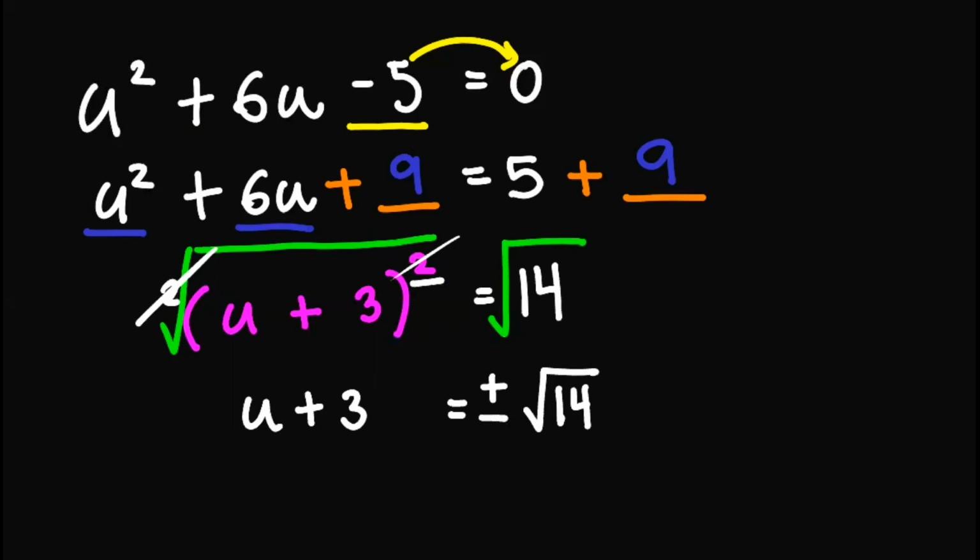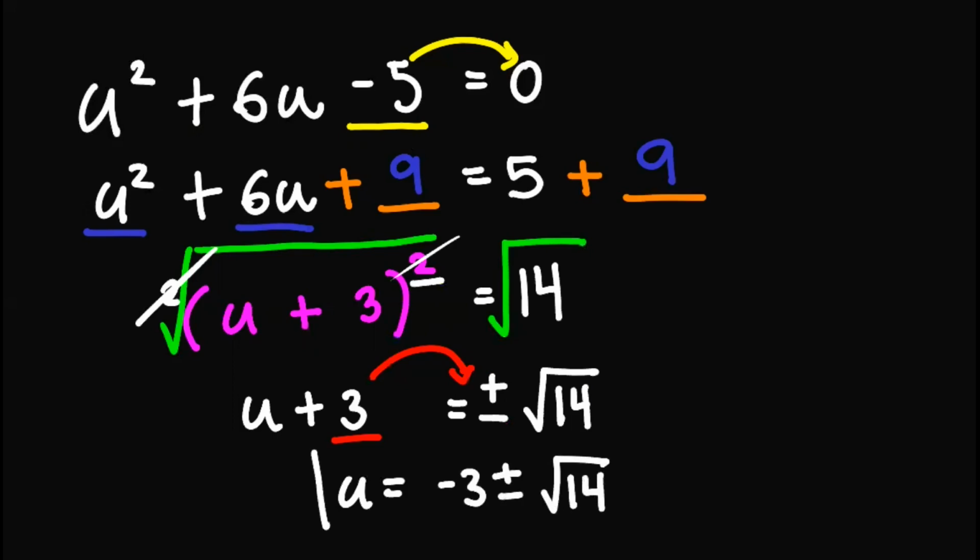And from here, what can you observe? We have turned the quadratic equation into a linear equation, since the highest degree out here is just 1. So from here, we simply move this to the right side to obtain u equals -3 plus minus the square root of 14.